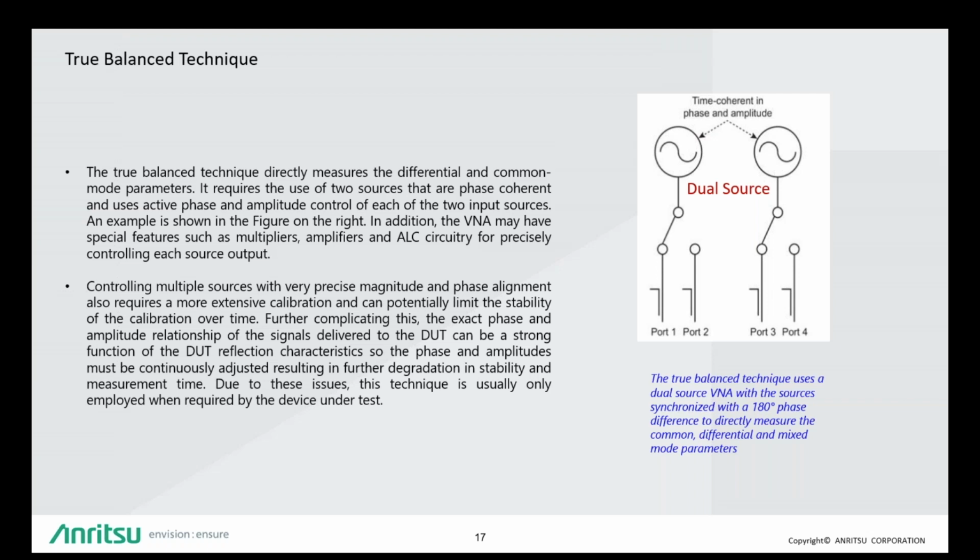And that can potentially limit the stability of the calibration over time. So basically, as I said, the true balance technique uses a dual source VNA with the sources synchronized with a 180 degrees phase difference. And you can measure the common mode and differential as well as mixed mode parameters directly.